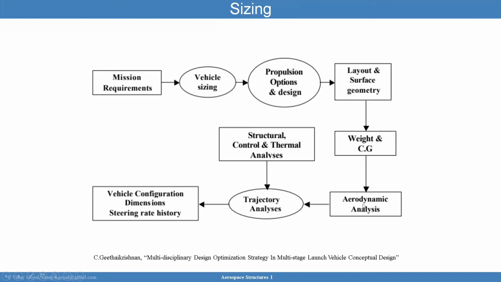Then you go into aerodynamic analysis, which includes a trajectory analysis. Structures, control and thermal analysis are performed in conjunction, and then you determine the vehicle configuration, dimensions, and steering rate history. I invite you to pause the video and download this particular article, which is called a multidisciplinary design optimization strategy in the multi-stage launch vehicle conceptual design.